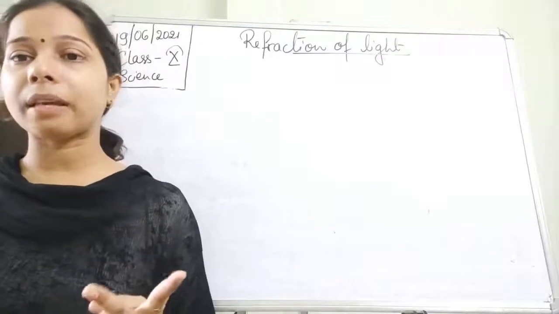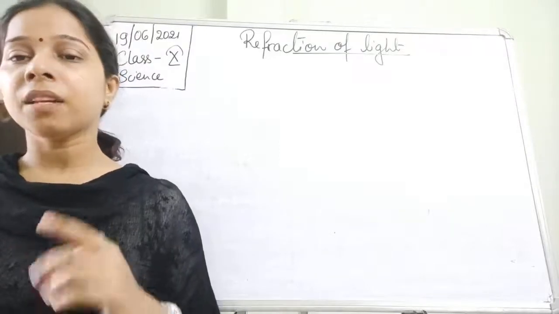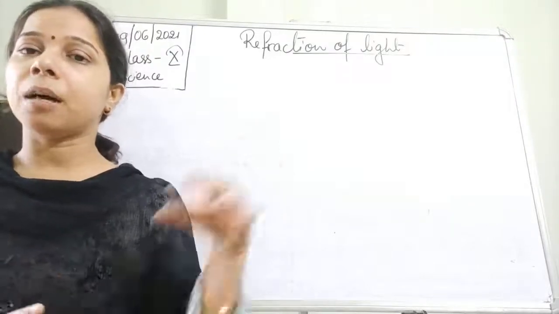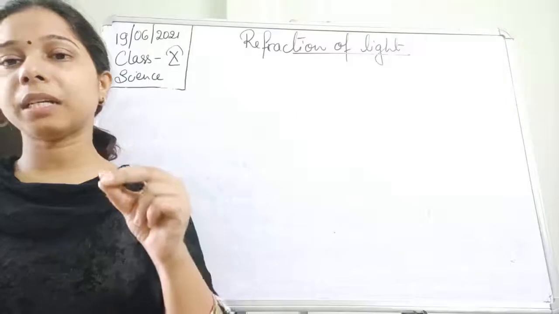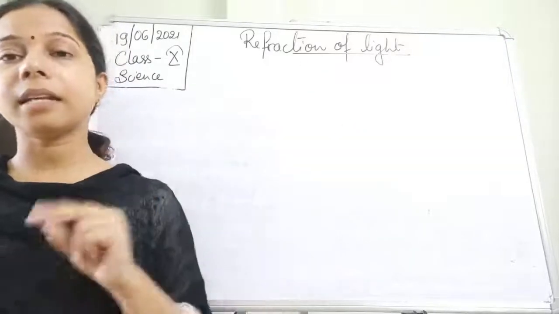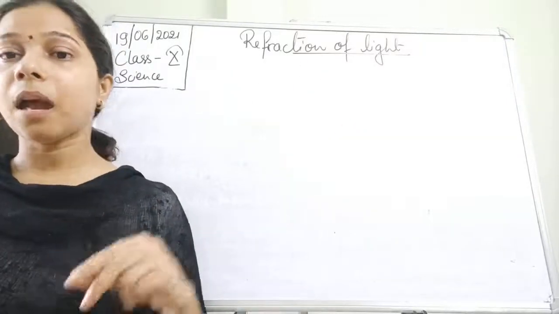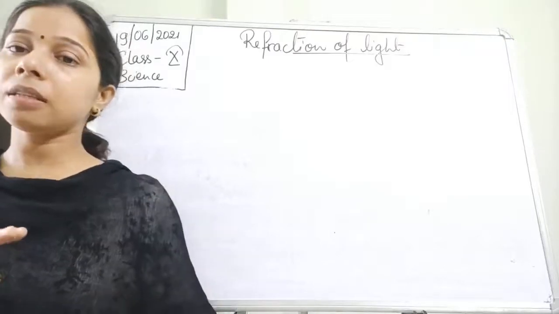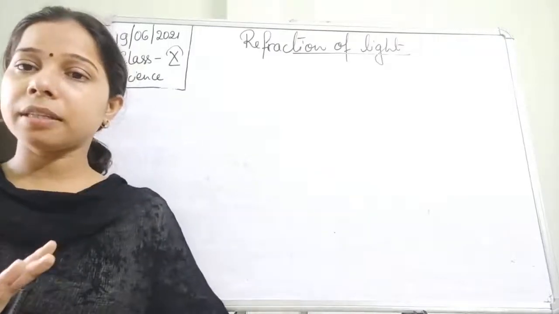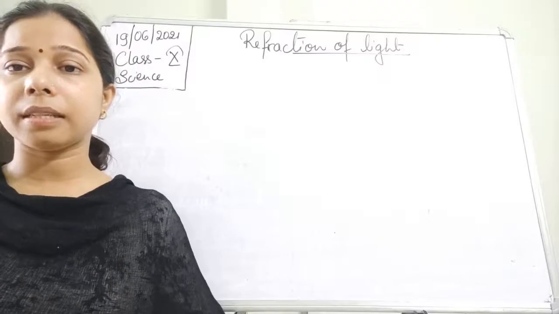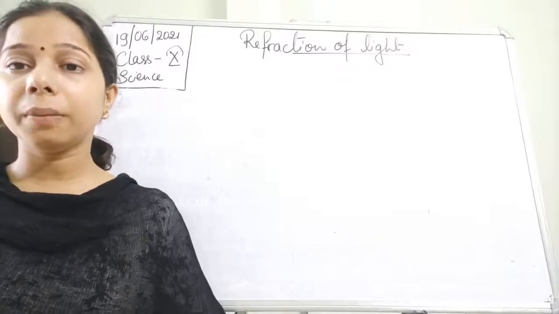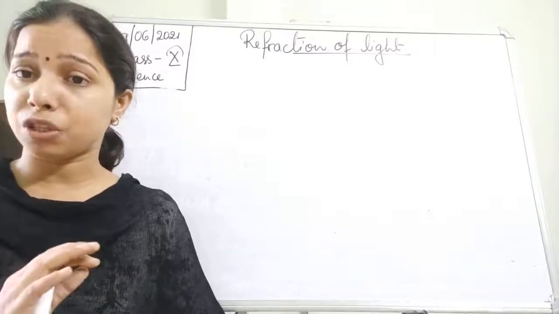There are only 2 cases, students. The first case is when the object is kept between the optical center and infinity, and the second one is when the object is kept at infinity. It means in the first case, if the object is kept anywhere between the optical center and infinity, the image will be formed at the same position.